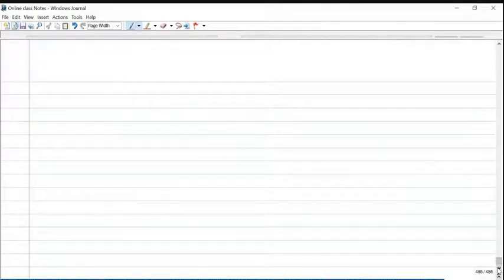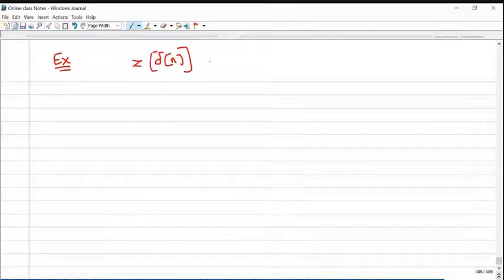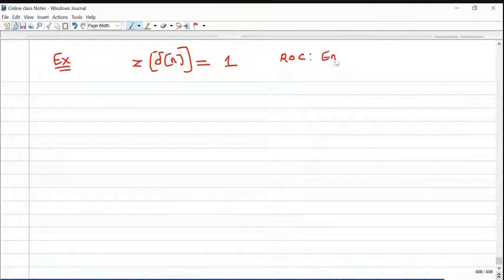And similarly, many small problems are there. Find the Z transform of delta of n. I'll write it directly: if you solve it, you will get the value 1. Your ROC is the entire Z plane.